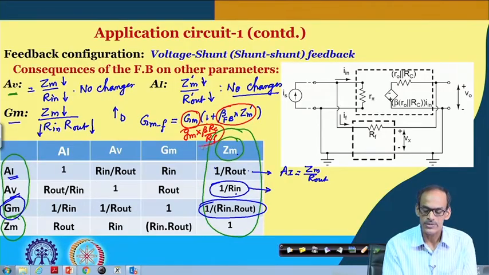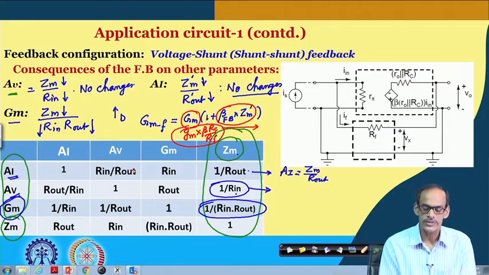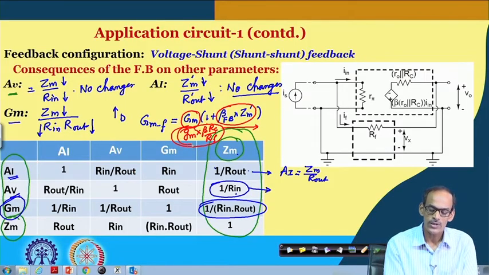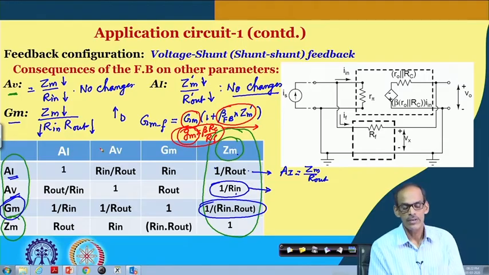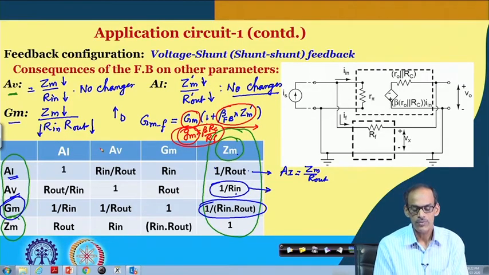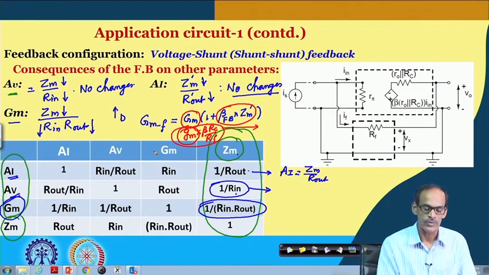So that gives us Gmf equals to this quantity. It says that Gm is getting increased by this factor with respect to its original value of Gm.